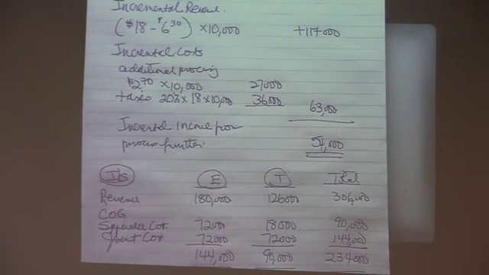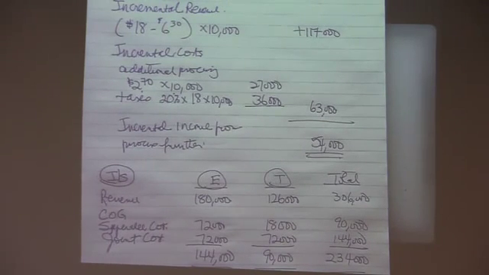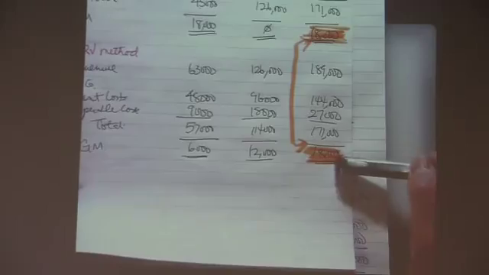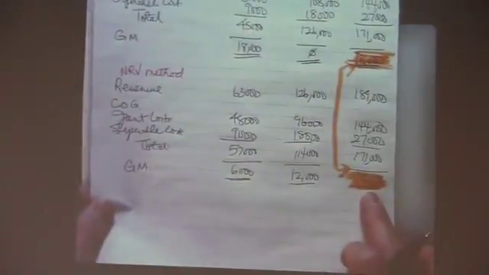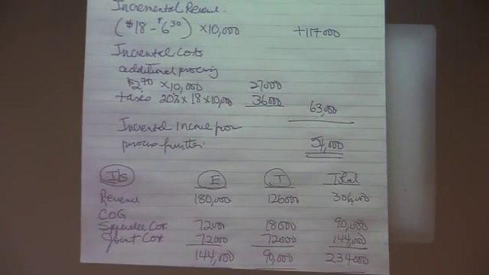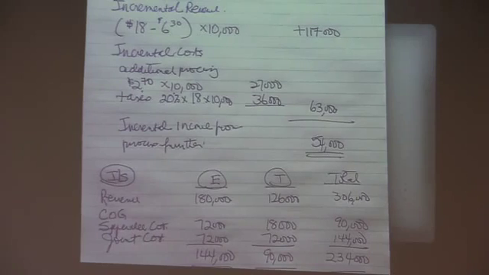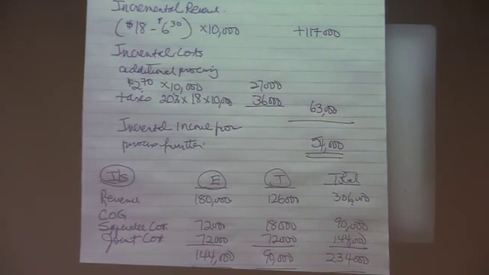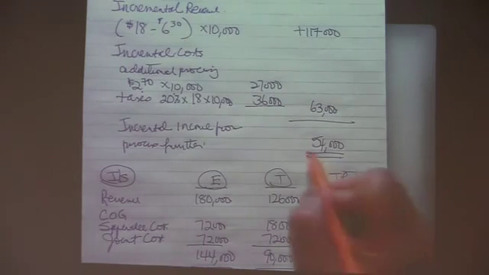What was the old profit, assuming that we did not process it further? It was 18,000, wasn't it? That was 18,000 here. So the difference is this 54,000, which is what we said was going to be the difference.